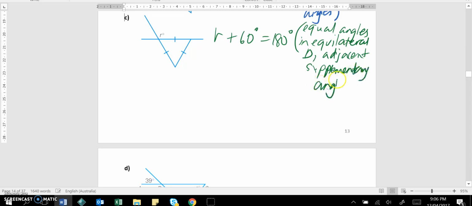So you need to make sure that you're writing your reason down. Awesome, so subtracting the 60 from both sides, R is 120 degrees. Ask yourself, does it make sense that this angle here is 120 degrees? Well, I think so, because it's an obtuse angle.